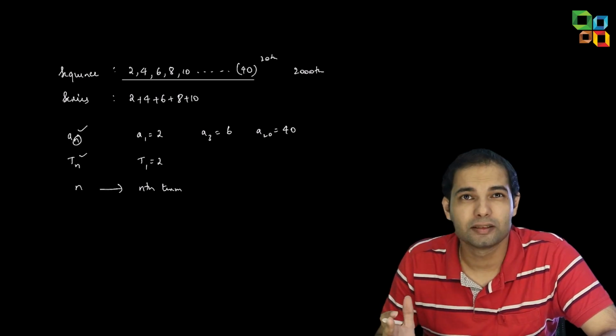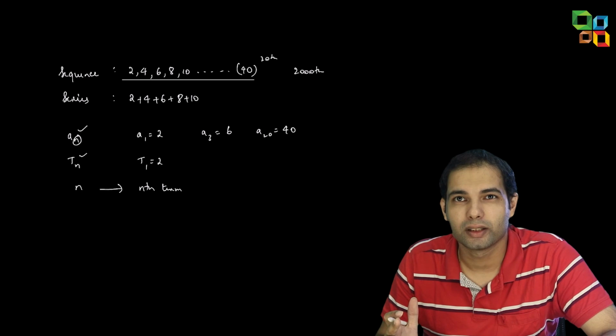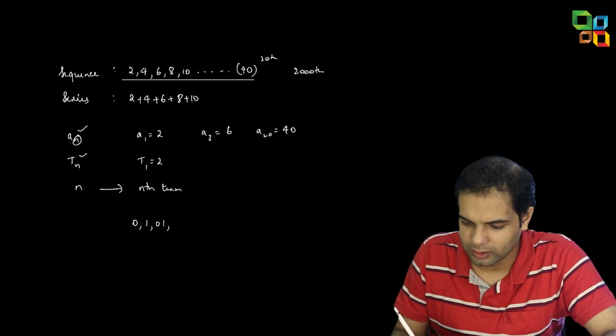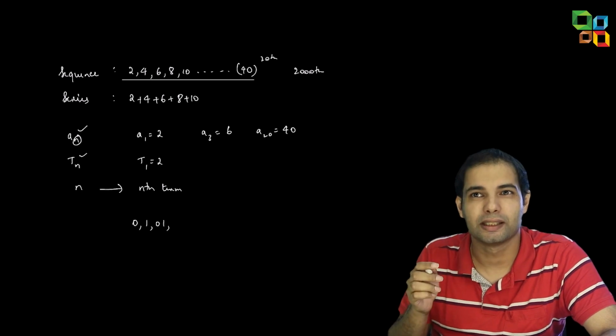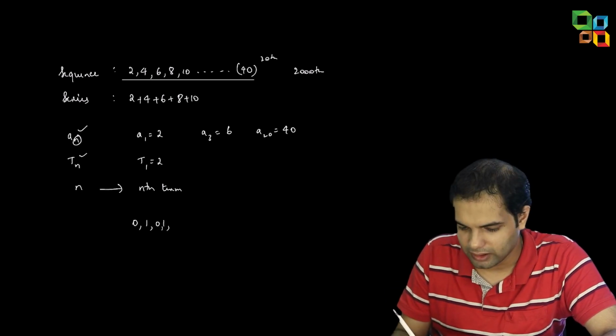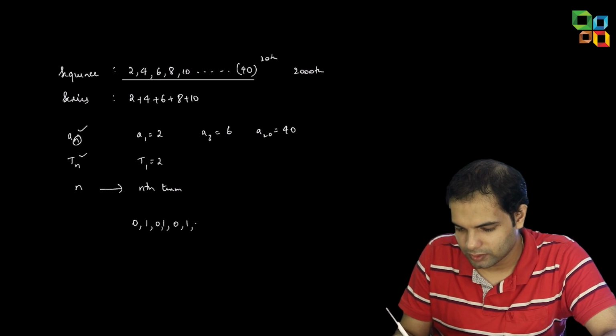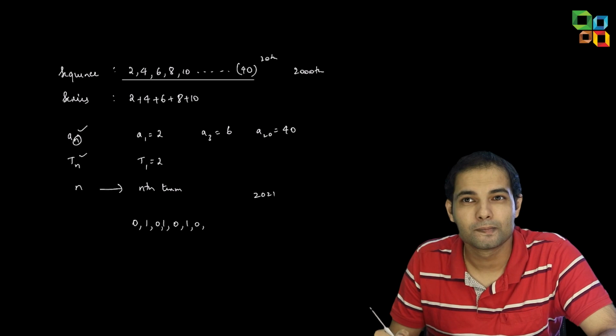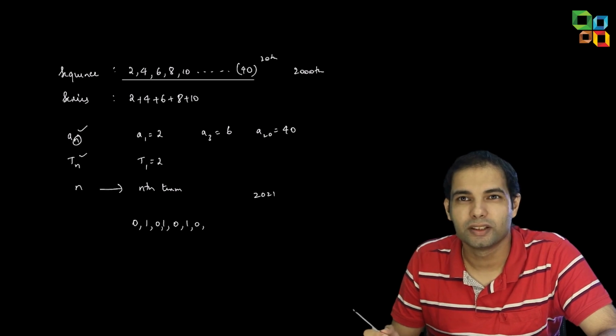Now let's see some random sequence I'll write. You'll tell me what is, see, 0 1 0 1. Now that earlier sequence was increasing. This is a random 0 1 sequence. So what would be the, say, 2021st term? Zero, right?